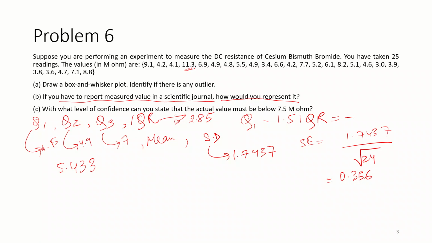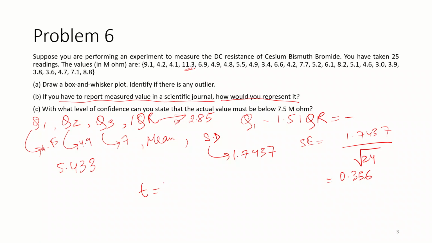I think it would be z equals 7.5 minus mean by standard deviation. Yeah, then because it has 24 terms, we can go for the t-test. T-test would be a good thing. Plus we have the degree of freedom as 23. So we can calculate it accordingly.